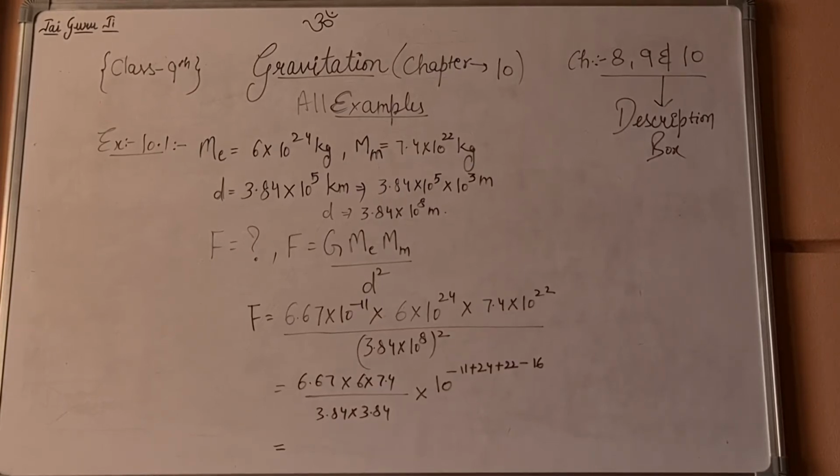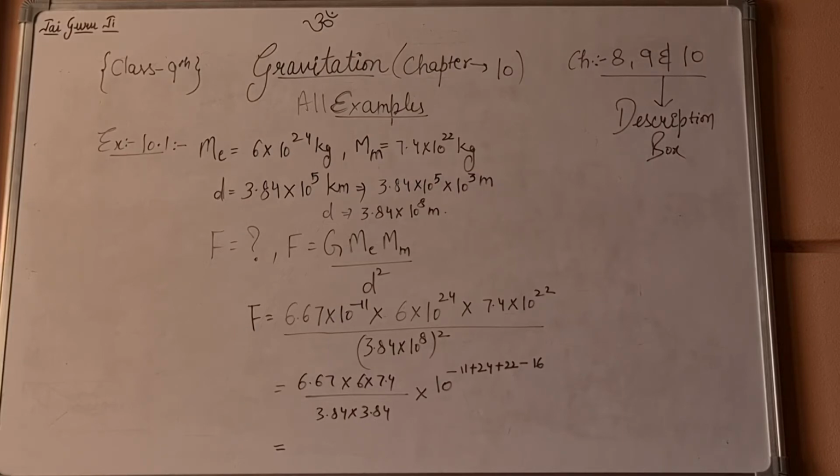So we can calculate 6.67 into 6 into 7.4 upon 3.84 into 3.84, and the powers of 10 are like this: minus 11 plus 24 plus 22, because there is no sign, so it will be plus, right? So minus 11 plus 24 plus 22 and minus of 16. 16 arises from 8 into 2 in the denominator.